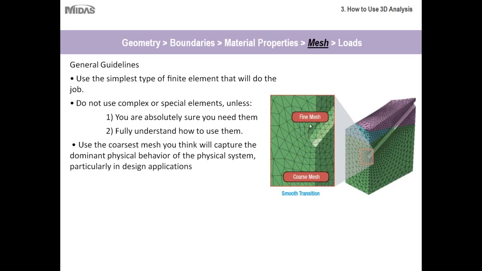Along areas where you have large amounts of strain, or areas where you're expecting failure, it's really important to have a more detailed analysis. The finer your mesh is, the more detailed your analysis will become, whereas the coarser your mesh is, the larger it is, the less detailed your analysis will become.